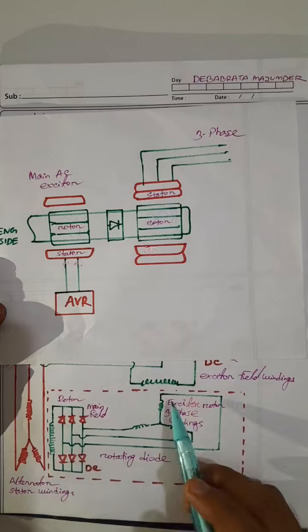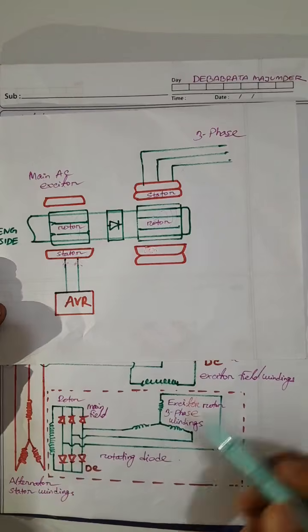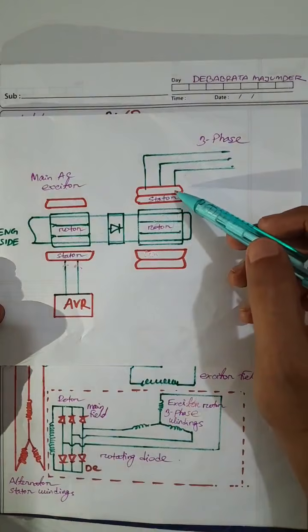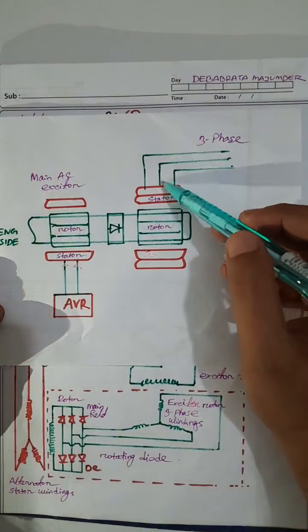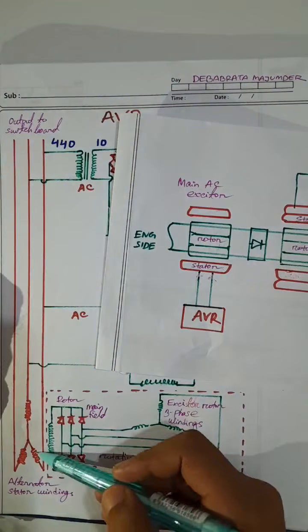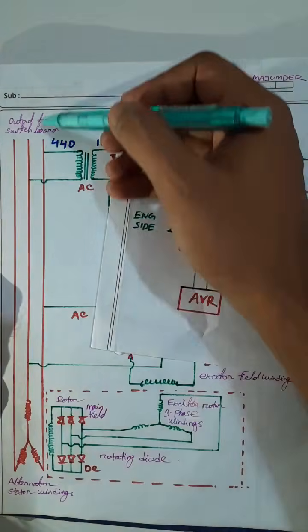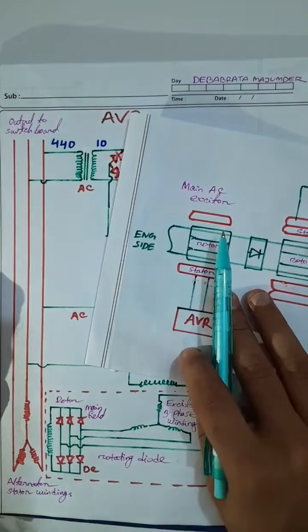So in this way, the required voltage will be found at the stator windings, and from the stator windings this supply is drawn to the bus bar or the output to the main switchboard.